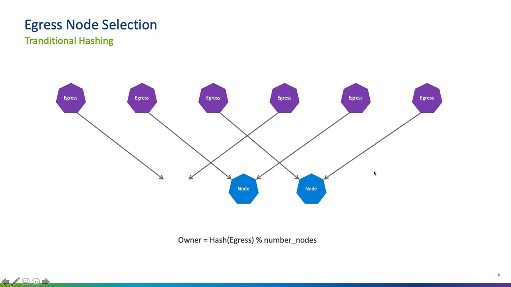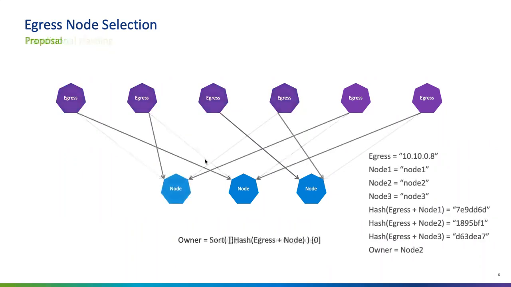And to avoid this, to avoid affecting most of the egress traffic of the whole cluster, we propose to use consistent hashing to reduce the number of egresses that will be remapped.